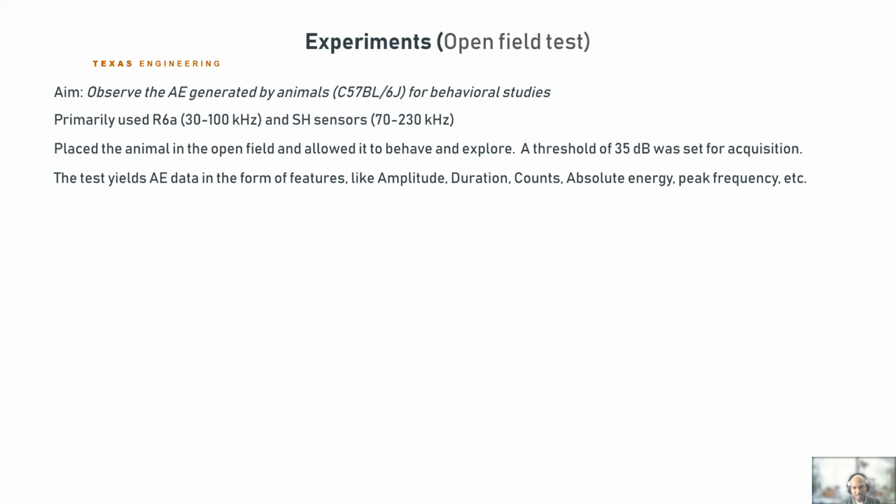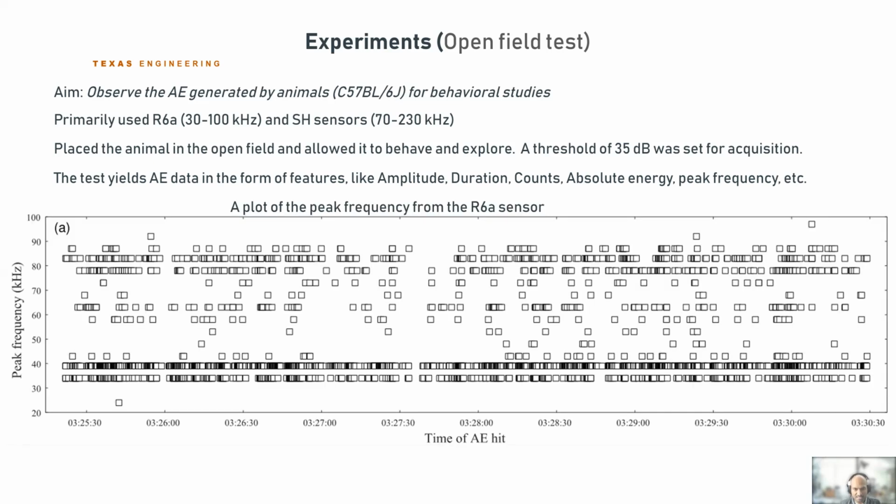Now I'm going to visualize the results from the R6A sensors using one particular feature. There is a feature called the peak frequency of these generated waves. I'm going to show that peak frequency for this 5-minute test.